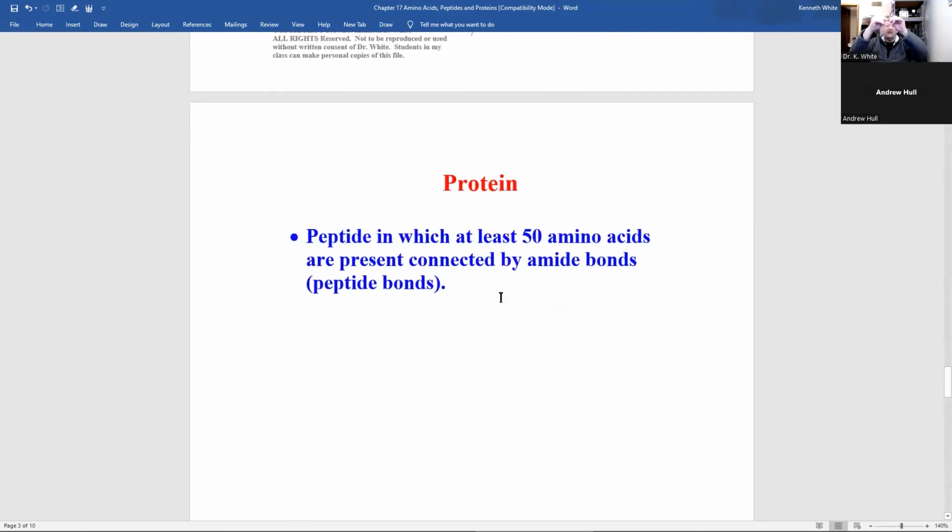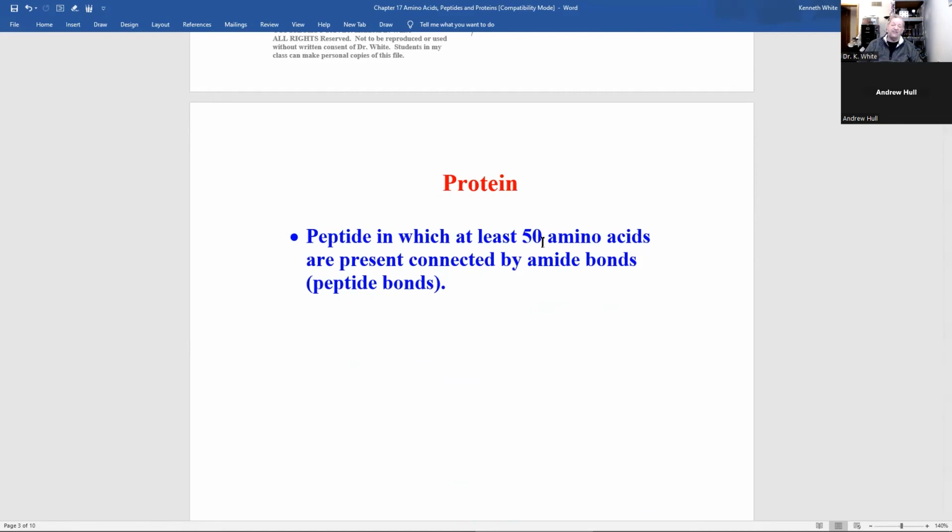Now, switch is still off. A protein, like your skin, is made of peptides in which at least 50 amino acids are bonded together in what they call peptide bonds, Dr. White calls amide bonds. And therefore, whenever you eat anything with protein in it, if you're a vegan, like soybeans have proteins in it.